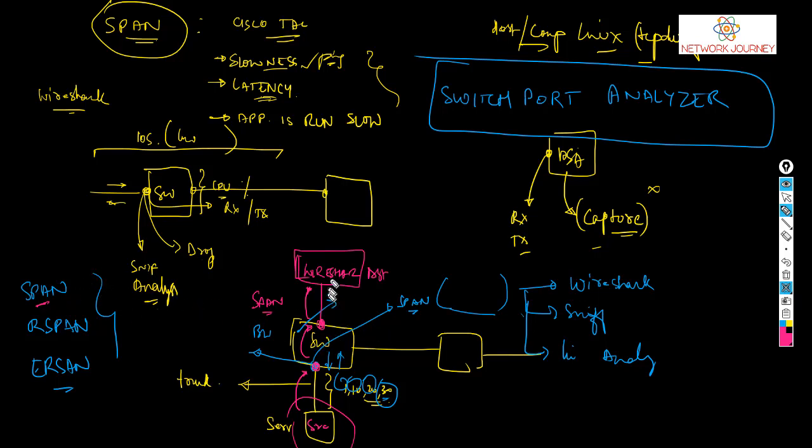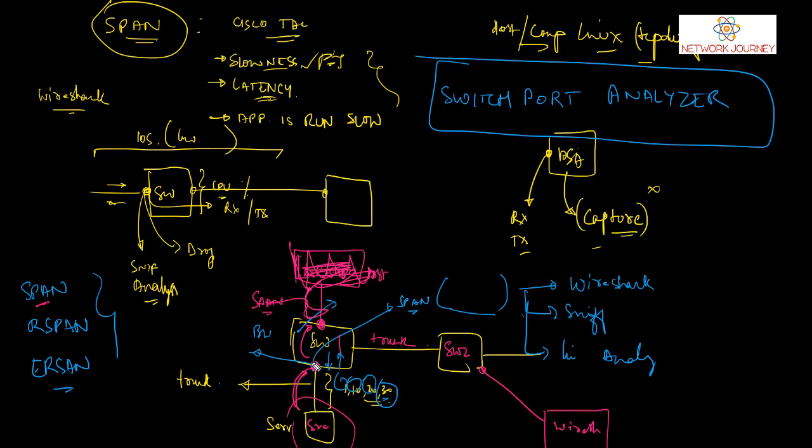Your analyzer and your source, the source being this and the destination being this, on the same switch is called SPAN. Now let's say for some reason this analyzer was not on the same switch, but on a different switch. Let's say this is switch 1, this is switch 2, and in between you have a trunk configuration, and you are using Wireshark over here. In this case, you monitor this interface and send the packets over the trunk to switch 2, and switch 2 sends them upstream to the Wireshark.